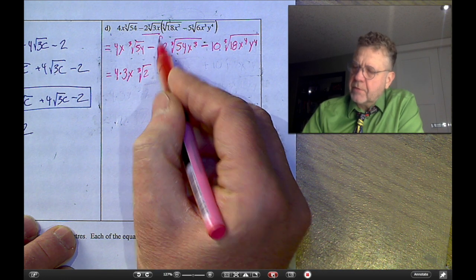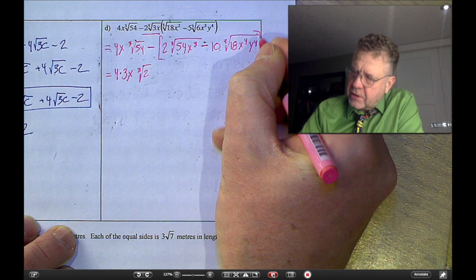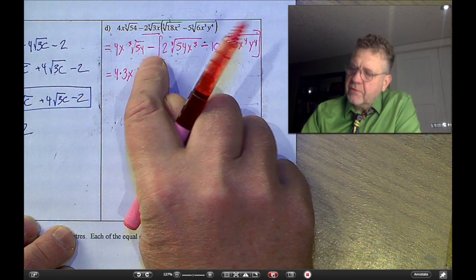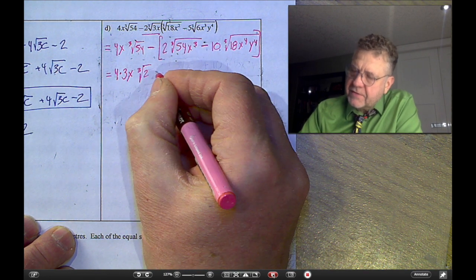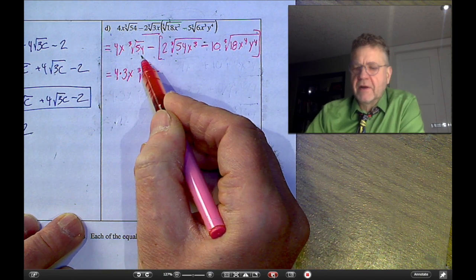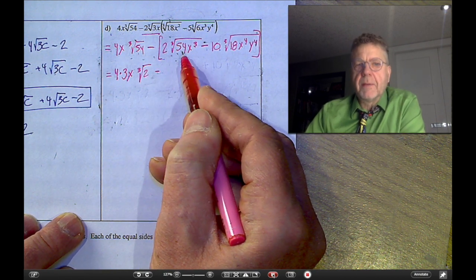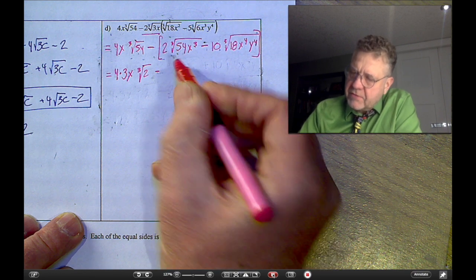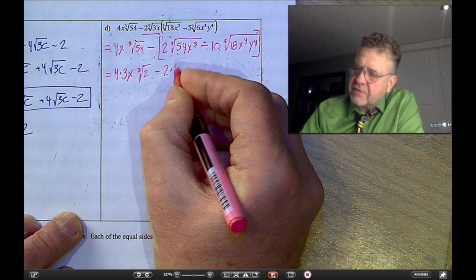Now, I'm going to start removing the brackets as well. Oh, I should have put a closed bracket there. When I remove the bracket, it's still going to be minus this mess here. And you see the 54 here? Same thing, right? There's a 27 hidden in there. So this is going to be minus 2 times 3.